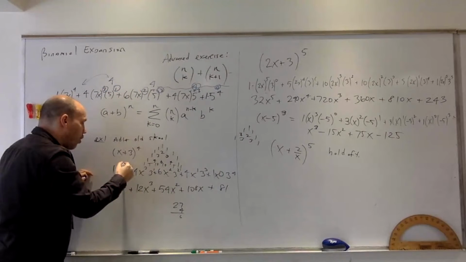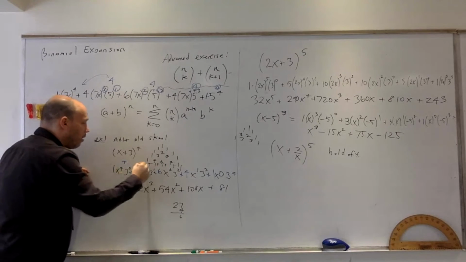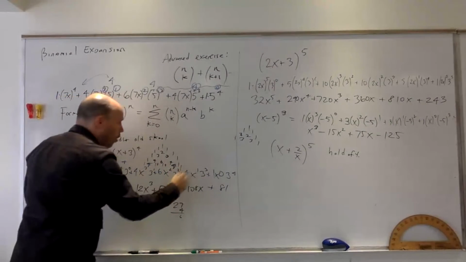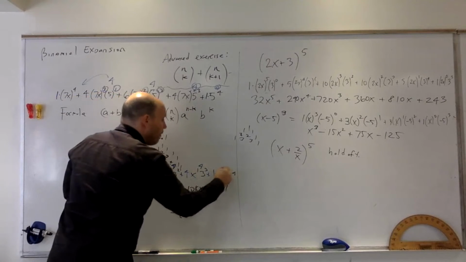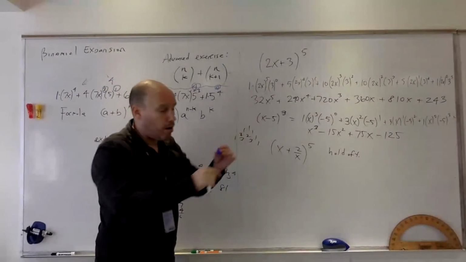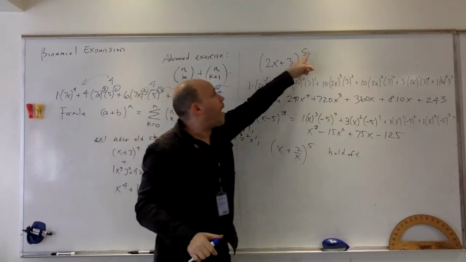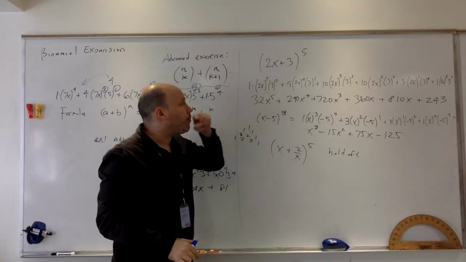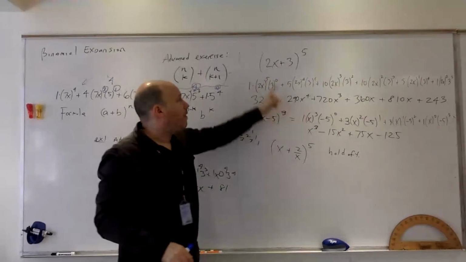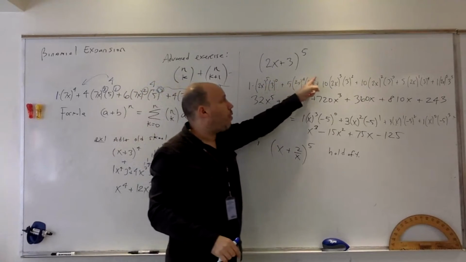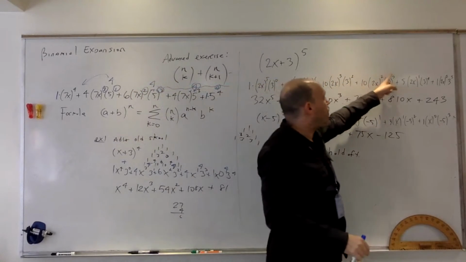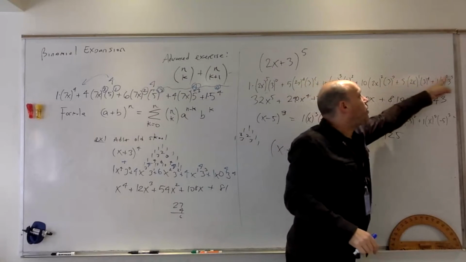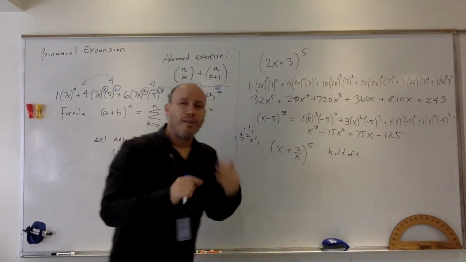I raised it to the 4th power, so the sum is 4, 4, 4. What's going on up here? Well, this is the 5th power, and it seems like the sum of the exponents is 5, right? 5 plus 0, 4 plus 1, 3 plus 2, 2 plus 3, 1 plus 4, 0 plus 5.